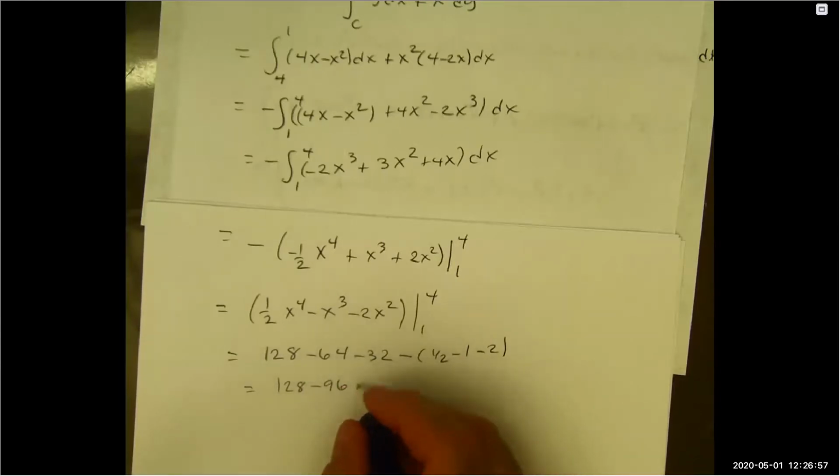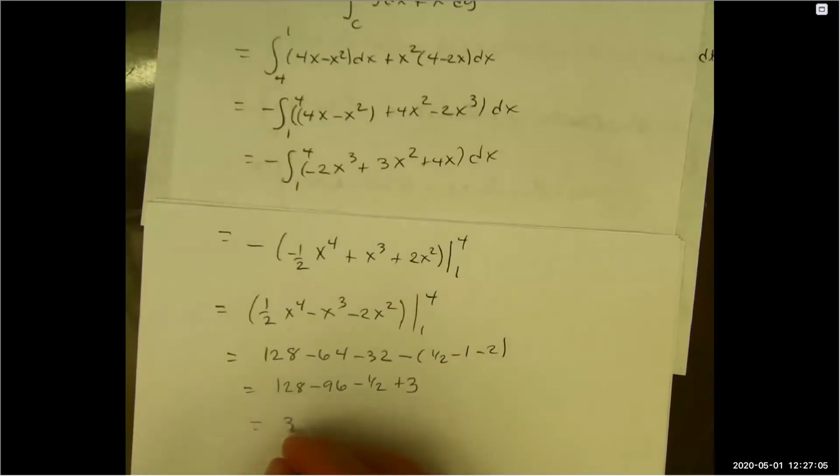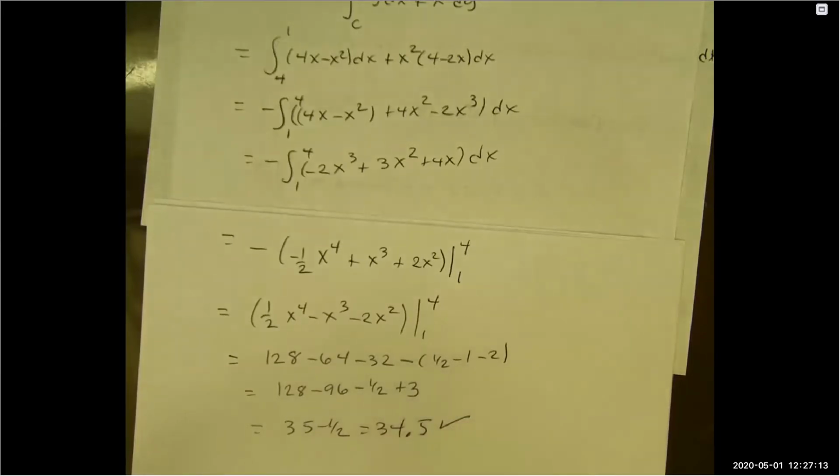And then minus 1/2 plus 3. And so that gives me 35 minus 1/2, which is the 34.5 again. Which agrees with our earlier result.